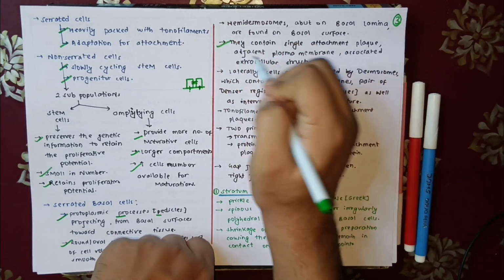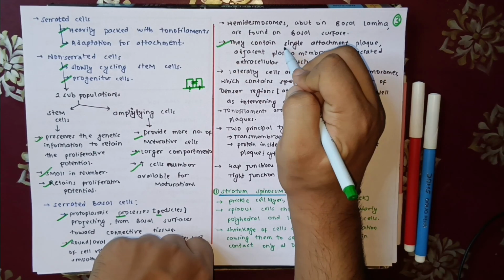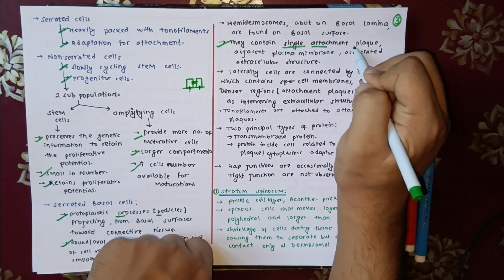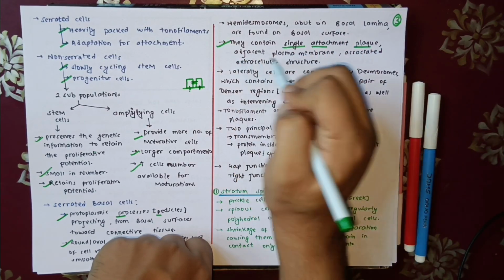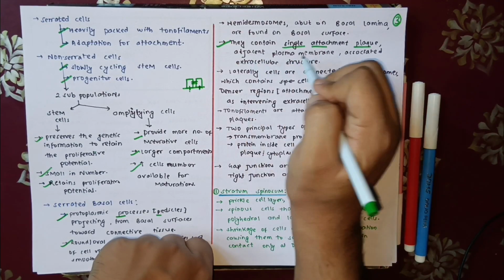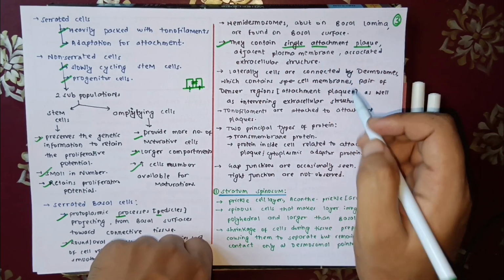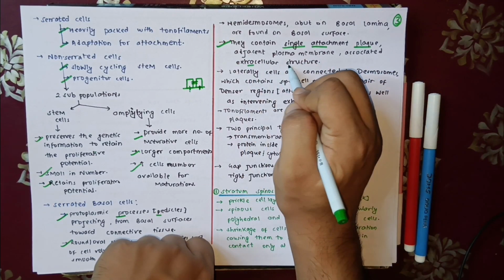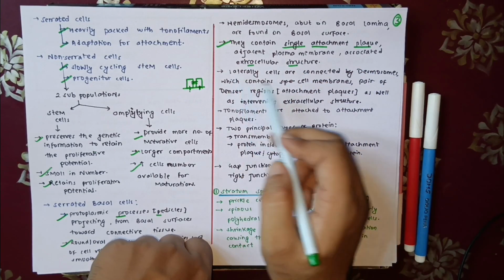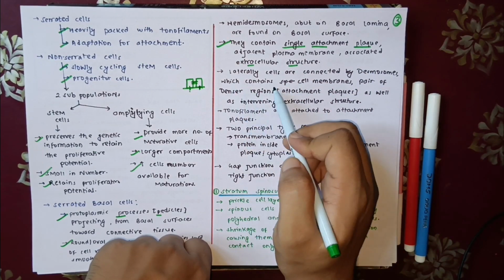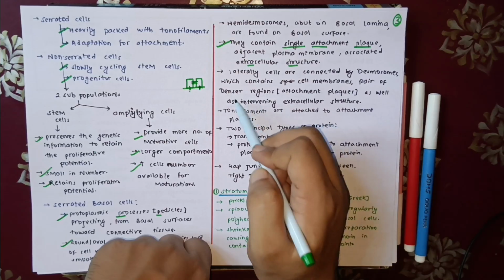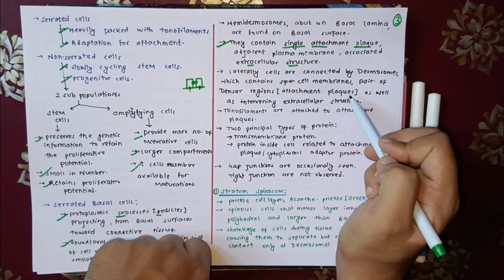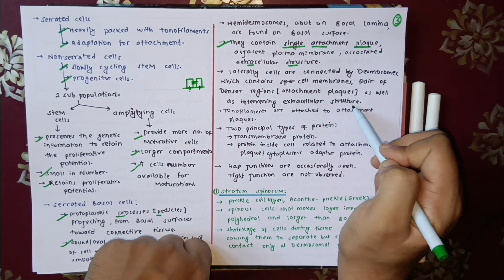So the contents of these hemidesmosomes are a single attachment plaque, the protein plaque, and the adjacent plasma membrane. Laterally, cells are connected by the desmosome, which contains the cell membrane, pairs of denser regions, attachment plaques, as well as intervening extracellular structure.